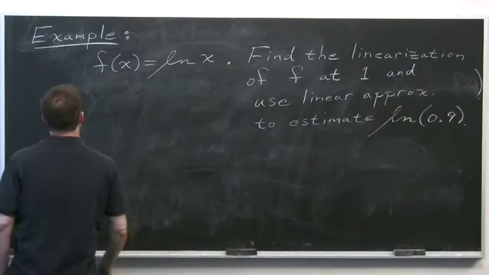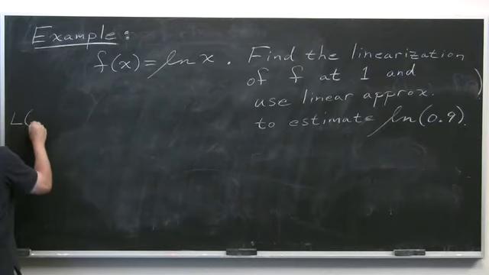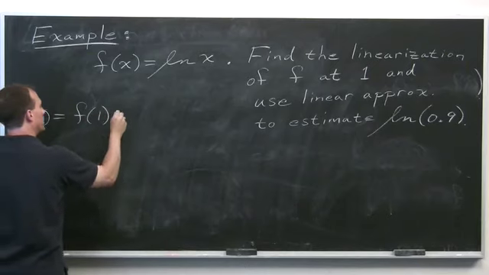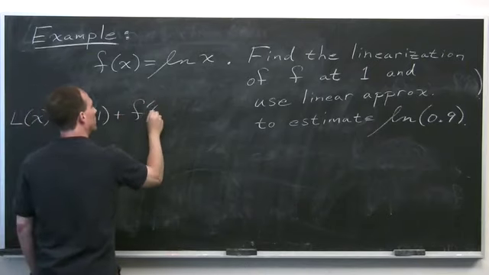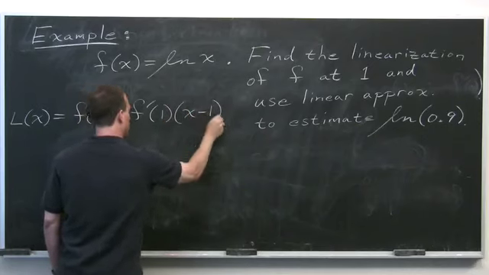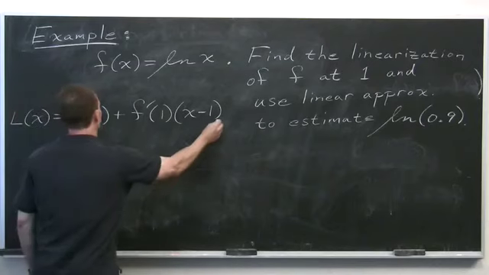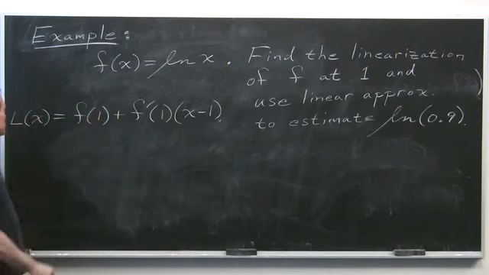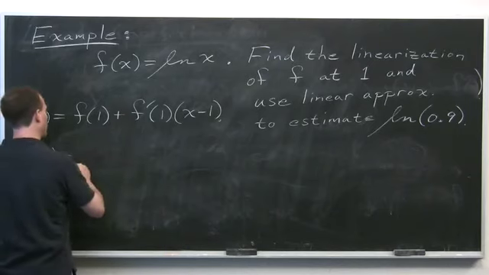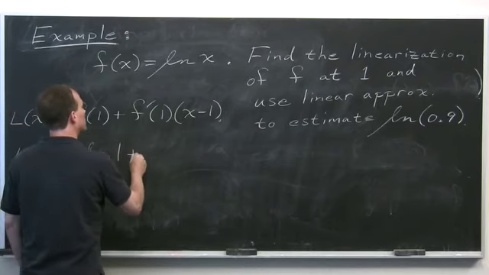Okay, so the linearization of f of x is f at 1 plus f prime at 1 times x minus 1. This is what we need to figure out. So this is L of x: f of 1, the natural log of 1, plus f prime at 1.